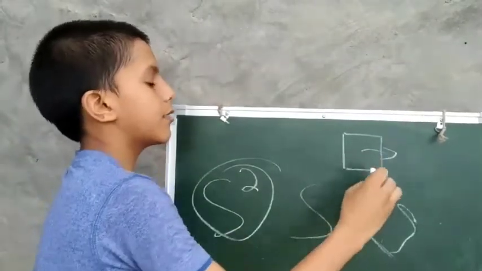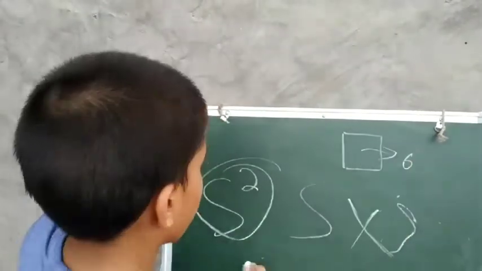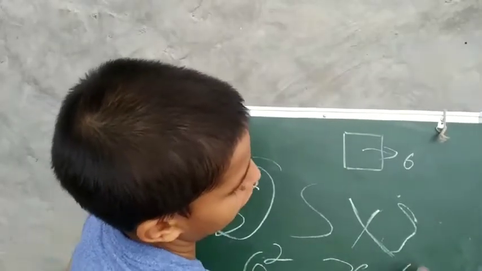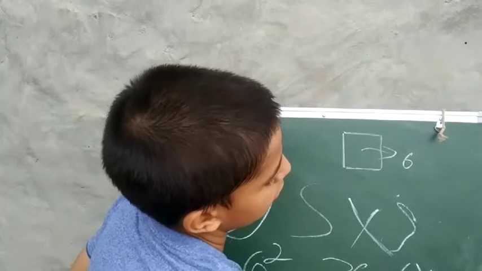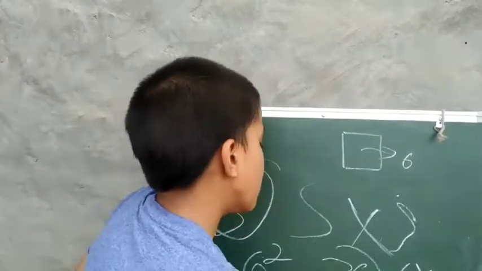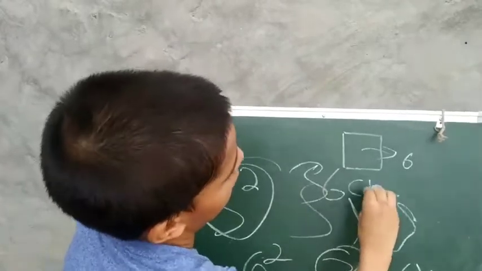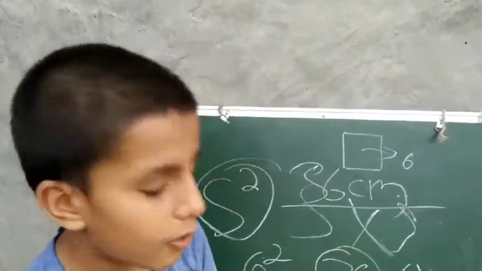this and this is 6. So I will write 6 squared is equal to 36, or you can do it like this: 6 times 6 is 36. 36 centimeters or meters. This is the answer.